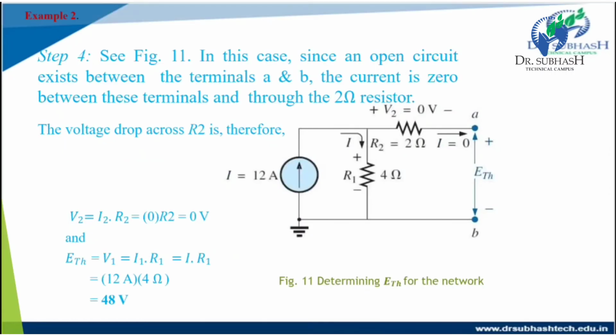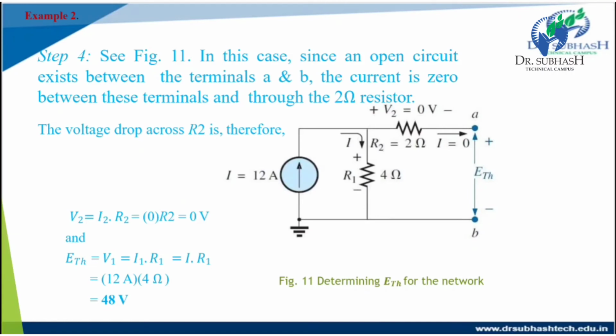In figure 11, since an open circuit exists between the terminals A and B, the current is 0 between these terminals, and we find the voltage drop across the 2 ohm.